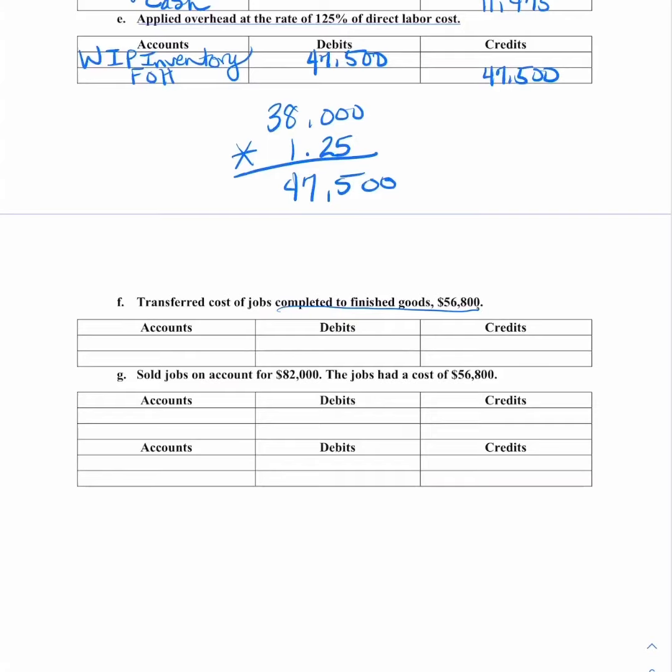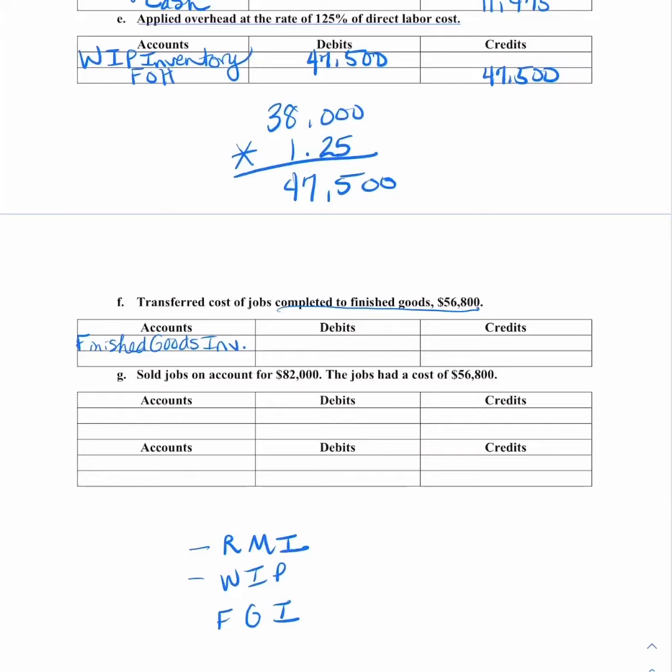So if they are now finished, they will go to the finished goods inventory, but they have to be coming from somewhere. So where are they coming from? Remember, we said we had 3 inventory accounts. We have raw materials inventory, work in process inventory, and finished goods inventory. So if we're going to finished goods inventory, it's coming from either raw materials or work in process.